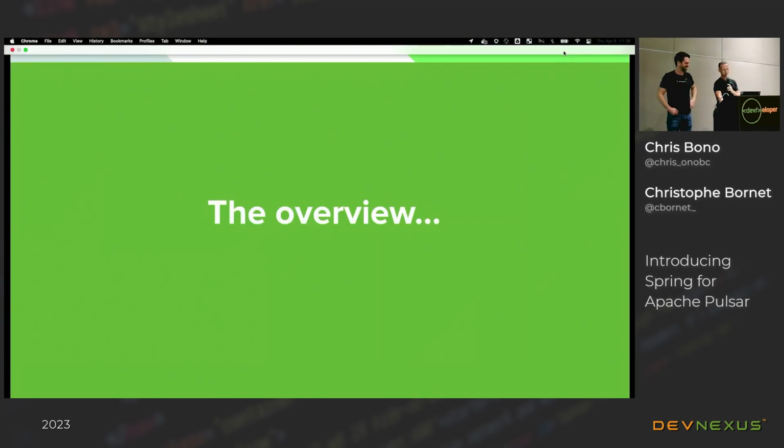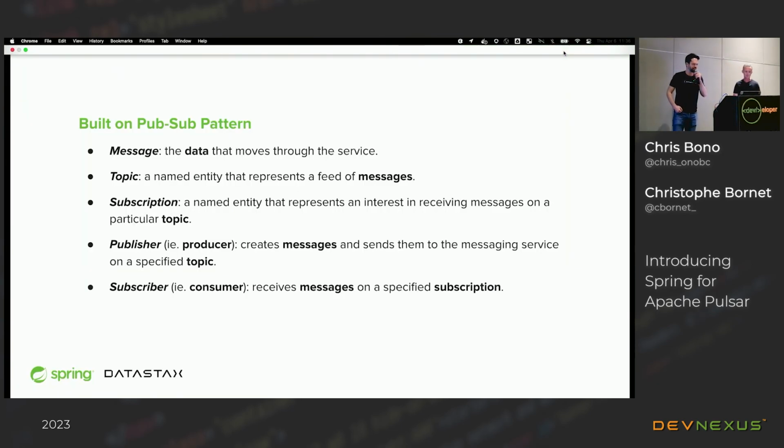Now let's go into an overview. Okay, so I will talk about the concepts in Apache Pulsar. So in Apache Pulsar, you have producers and consumers, or you can call them publisher and subscriber, that exchange messages over a topic.